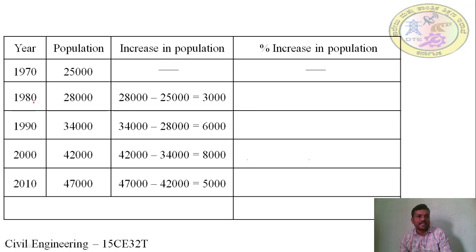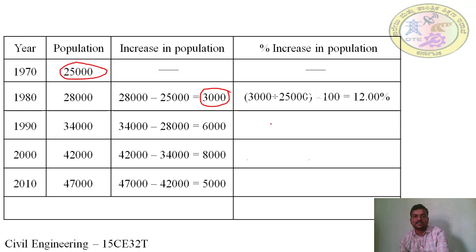For the year 1980, the percentage increase is the increase in population divided by the value with respect to which the 3,000 is increased, that means with respect to 1970. So the percentage increase in population is 3,000 divided by 25,000 into 100, which is equal to 12%.